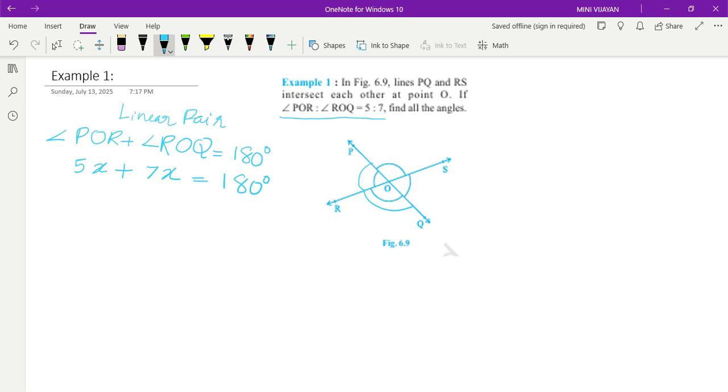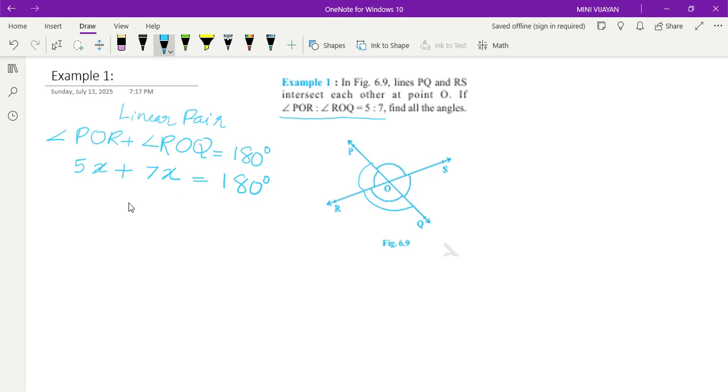We can write the measure of each angle as 5x and 7x. So 5x plus 7x equals 180. In the place of POR, I wrote 5x, and in the place of ROQ, I wrote 7x. Now we have a linear equation in x. We need to solve it and find x.